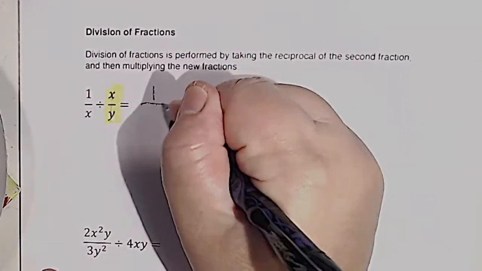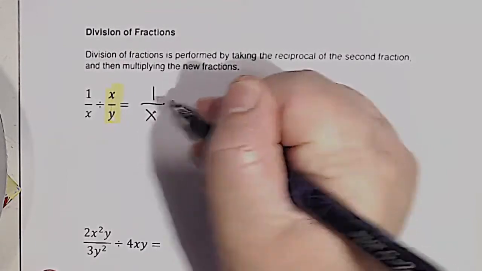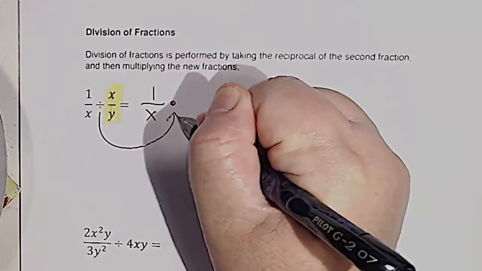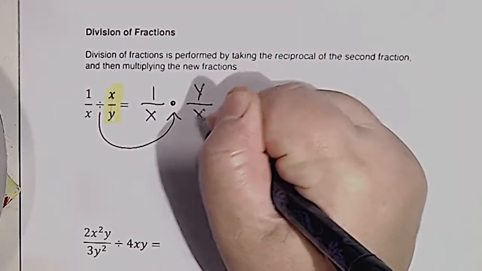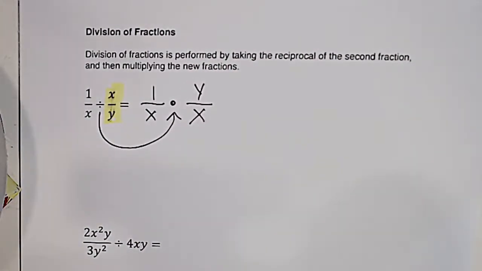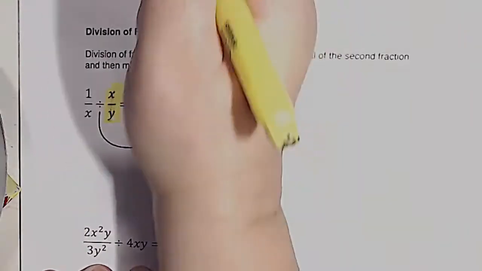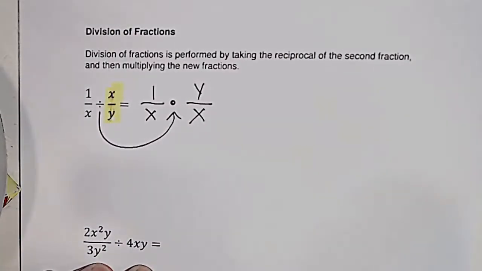So I get 1 over x times, so I change the division to times, and then I write it as y over x. Take a look. This is going to be really smeary.